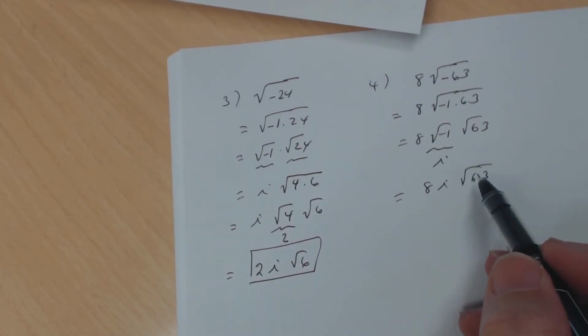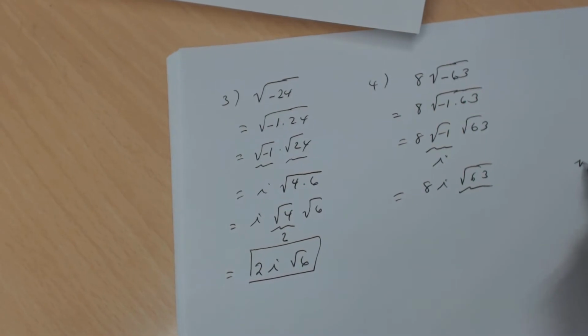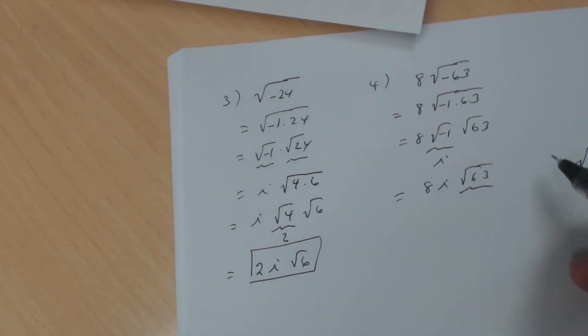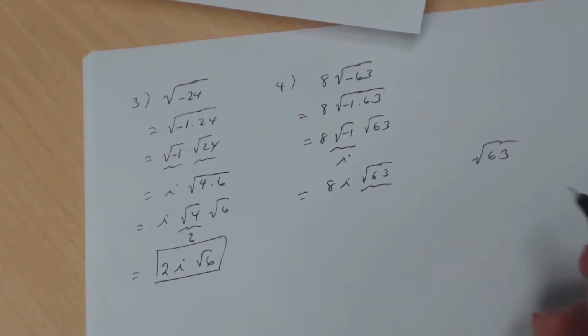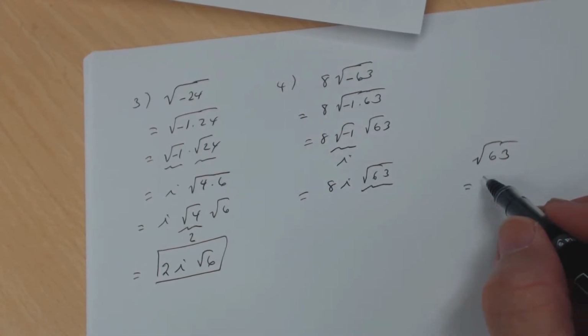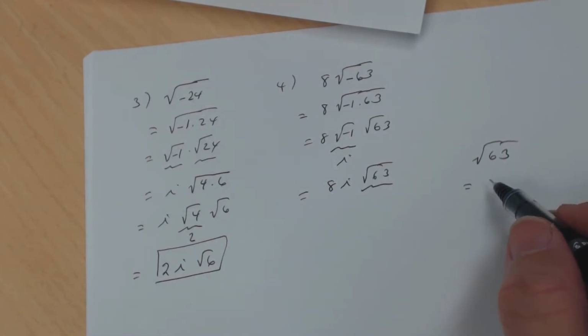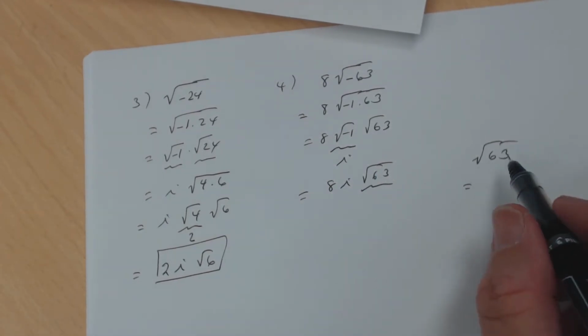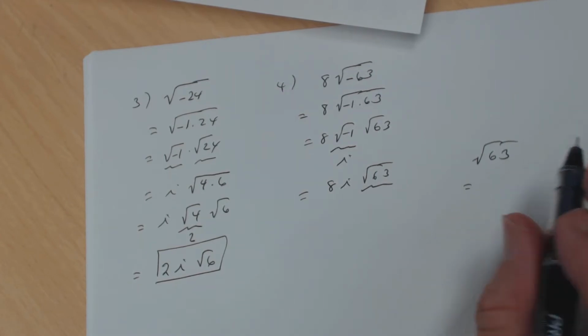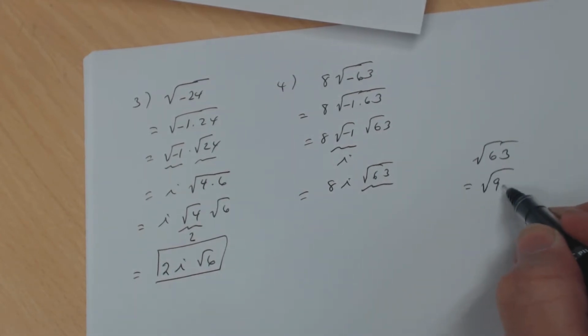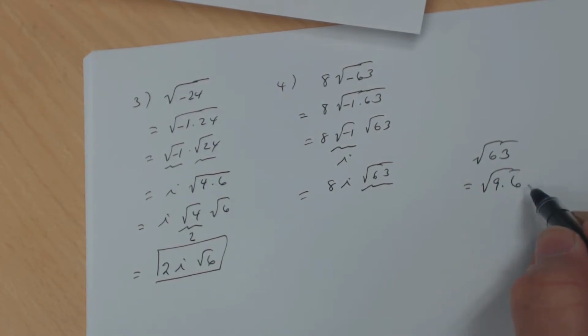Okay? Now, let's simplify the square root of 63. Let's think about 63 for a moment. If you need to, just go off to the side and do that. So the perfect square that goes into 63 will be 9, because 9 times 7 is 63.